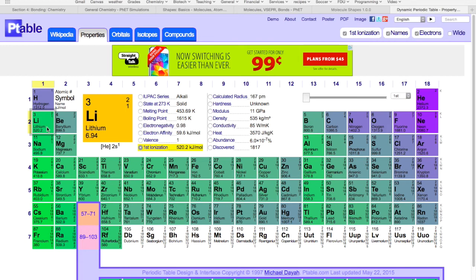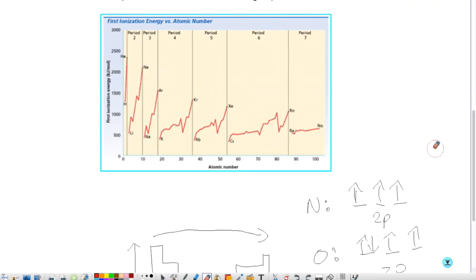Now, as you move across a period, why does ionization energy increase? There's an increase in positive charge in the nucleus, so each electron is being held a little tighter. Okay, that's the bottom line, and being able to explain the trend is important.